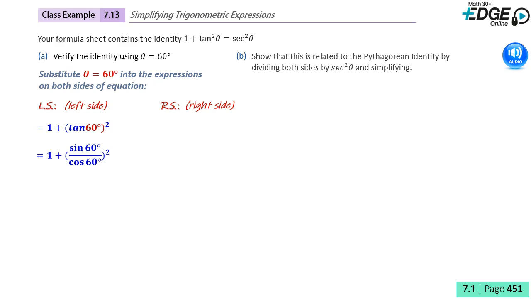Note that common strategy of rewriting in terms of sine and cos appearing again. Now we'll use our unit circle to determine the values of sine 60 and cos 60. We know that sine is the y-coordinate and cos is the x-coordinate.